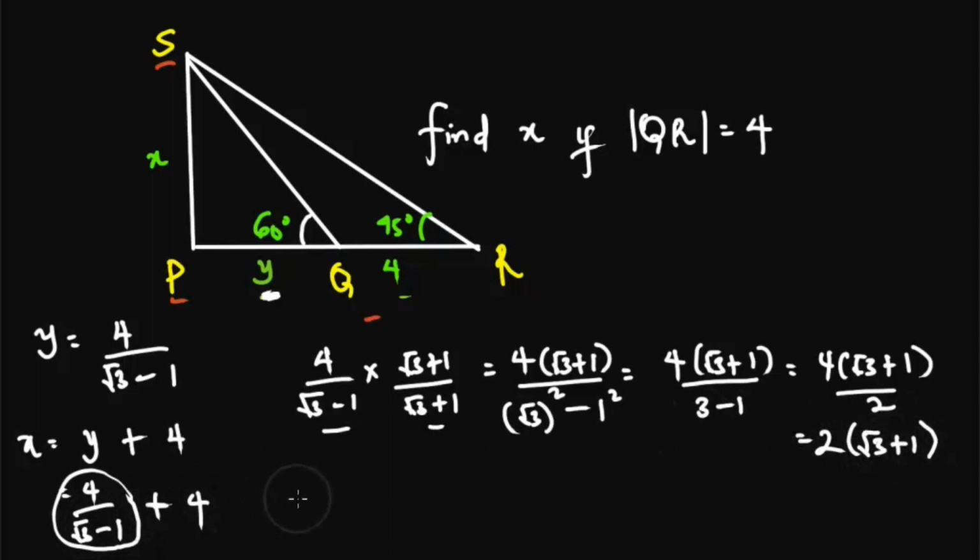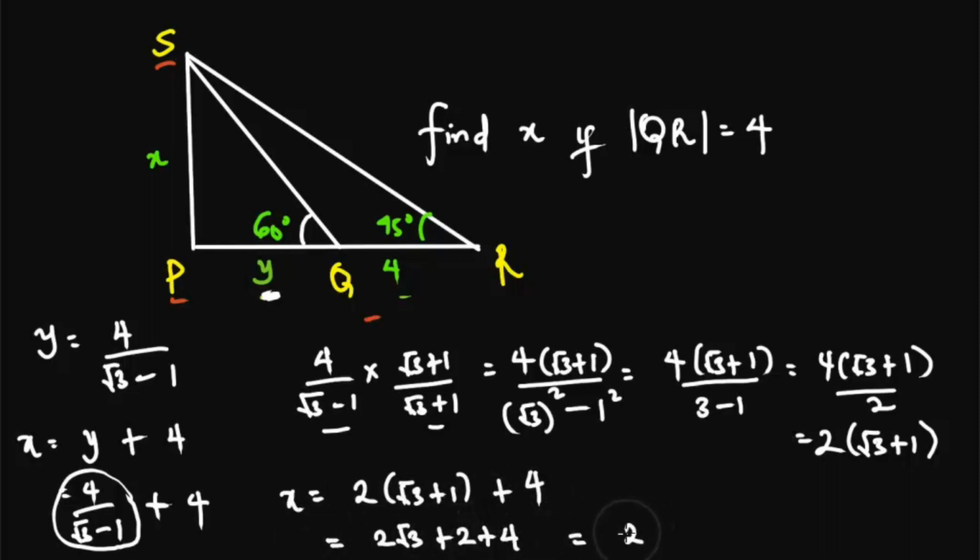Now x equals 2 times (root 3 plus 1) plus 4, which is 2 root 3 plus 2 plus 4. Finally, my answer is 2 root 3 plus 6.